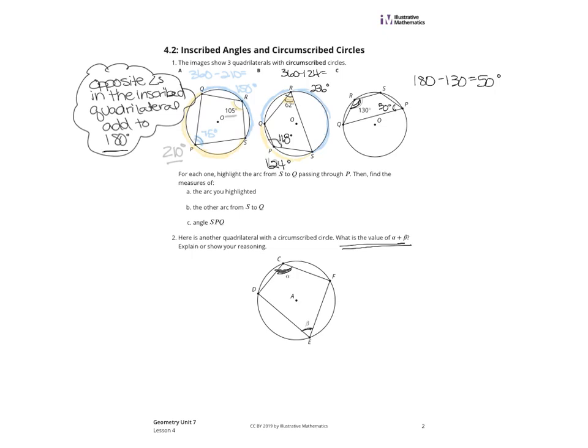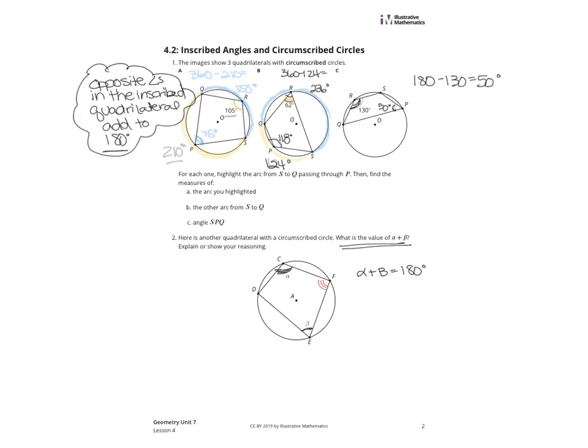C and F are considered consecutive. E and F are considered consecutive. They're right next to each other, one after the other. However, C and E are considered opposite angles. They're across from each other. So in this picture, I know that alpha plus beta, those measurements have to be 180 degrees.